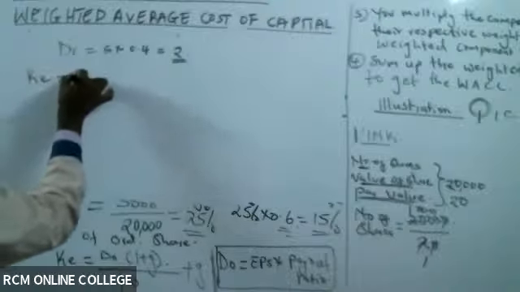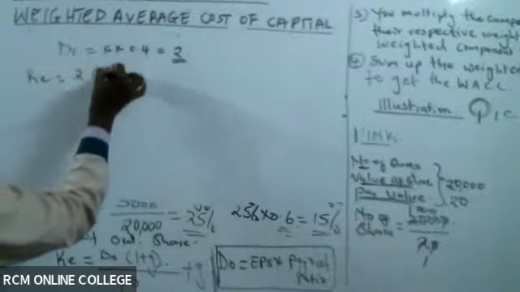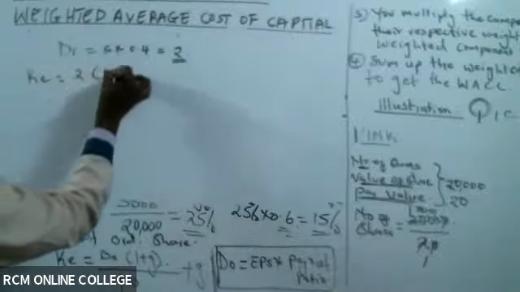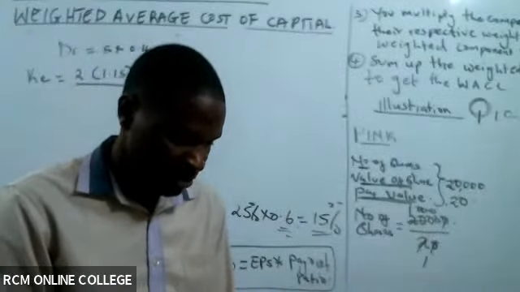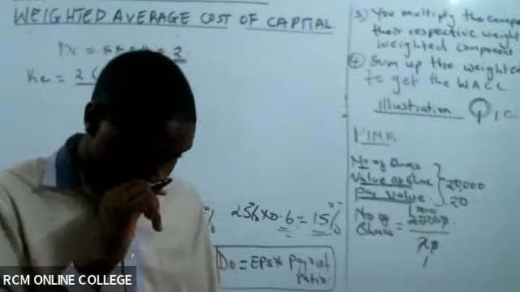Now let's get the KE. KE will be equal to 2 into bracket 1.15, divide by P0. What is our P0? The market value of the ordinary share. Just go to the additional information in the question and listen to what the examiner says.